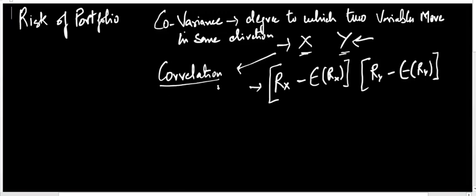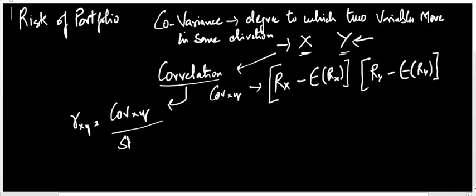Now, if this is the covariance between x and y, how do I calculate the correlation? Correlation is denoted by rxy. So the correlation is equal to covariance between x and y divided by the standard deviation of x into standard deviation of y. So correlation is nothing but the standardized measure of covariance.